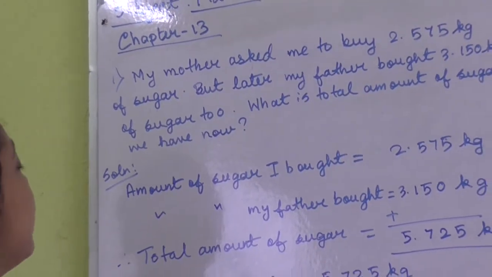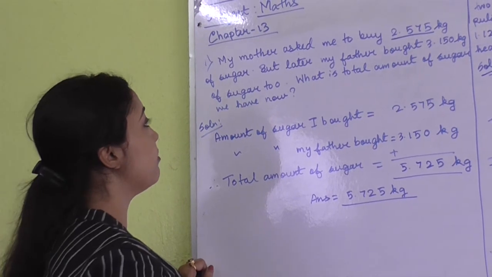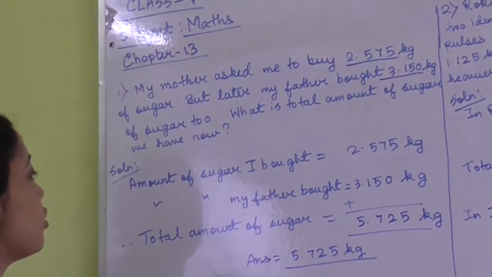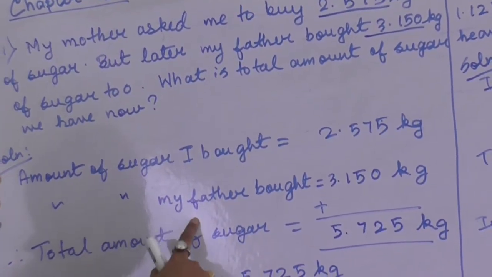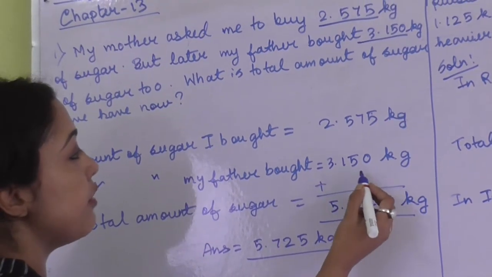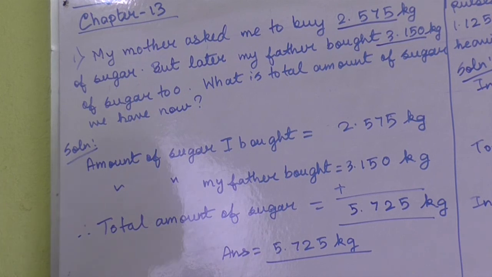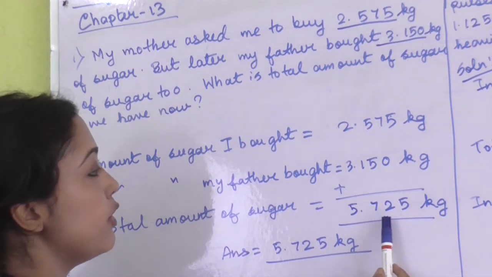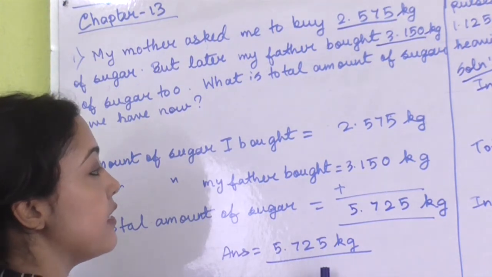The amount of sugar I bought is 2.575, and the amount of sugar my father bought is 3.150. Simply you have to add these 2 quantities. By adding these 2 quantities, we are getting 5.725 as our answer.